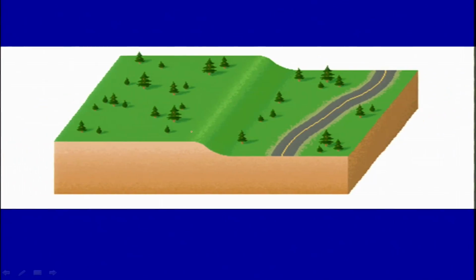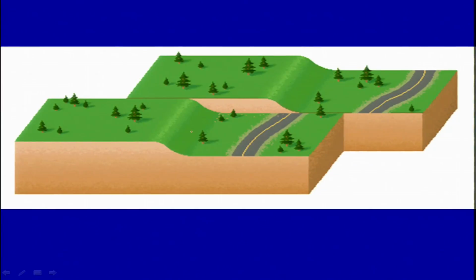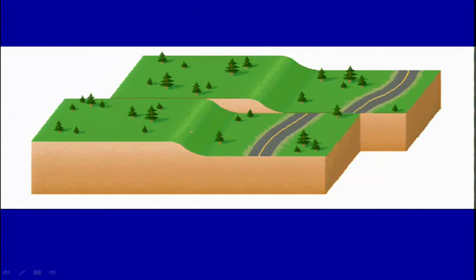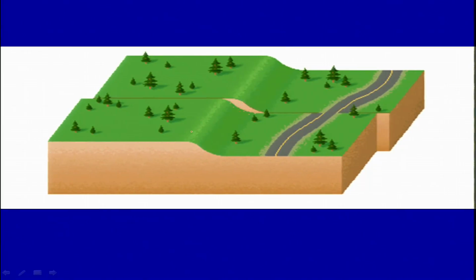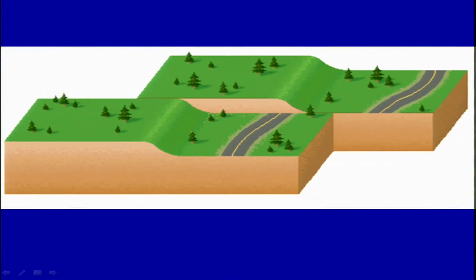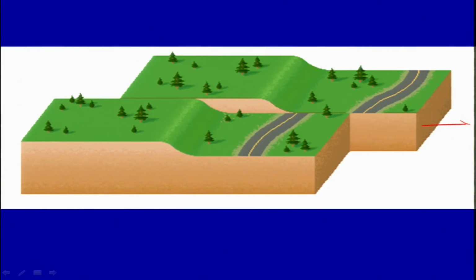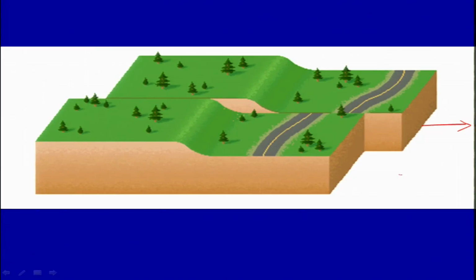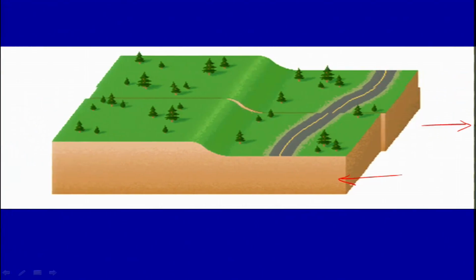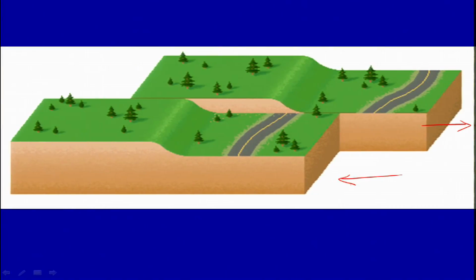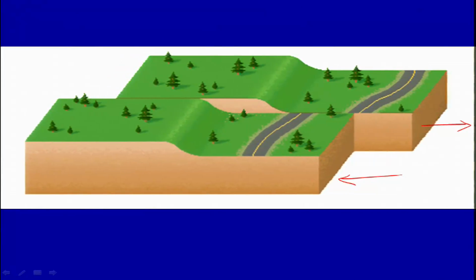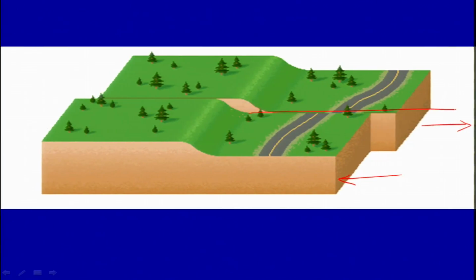So if you look at this cartoon here, what it shows, okay, is that one block has moved this side, another block is moving this side, okay, and that is taking place along this line here.